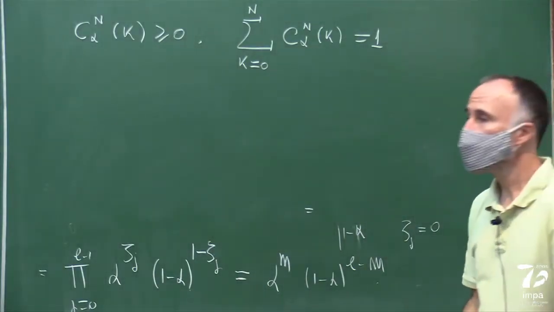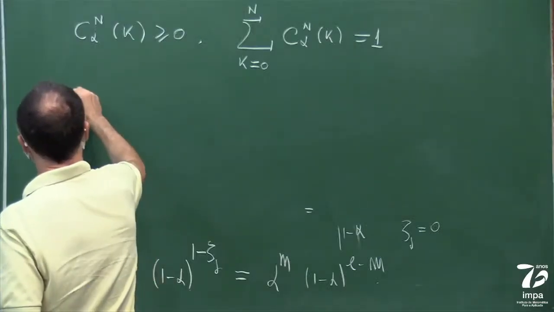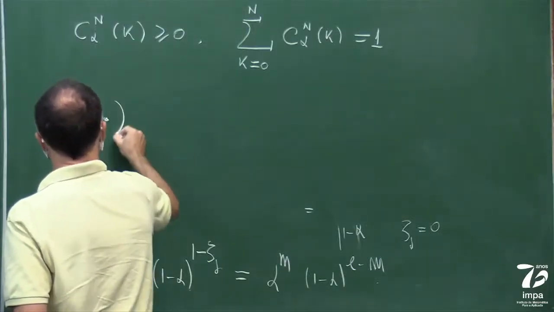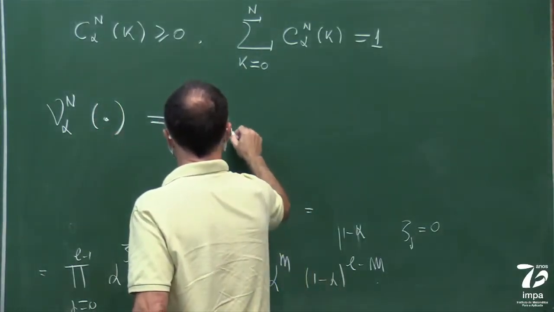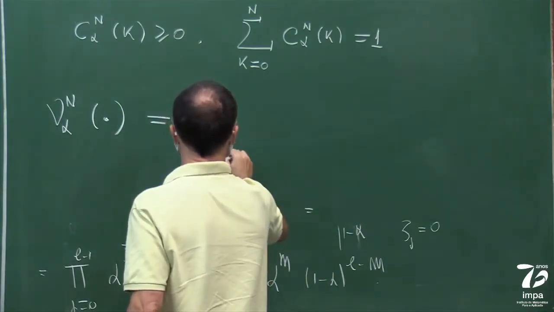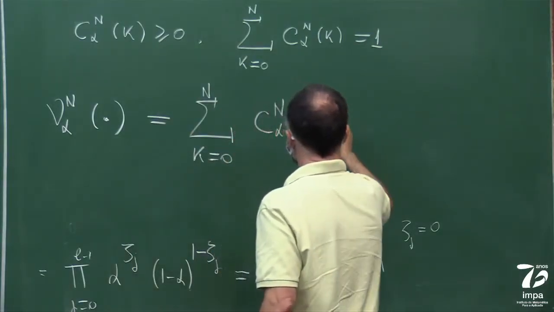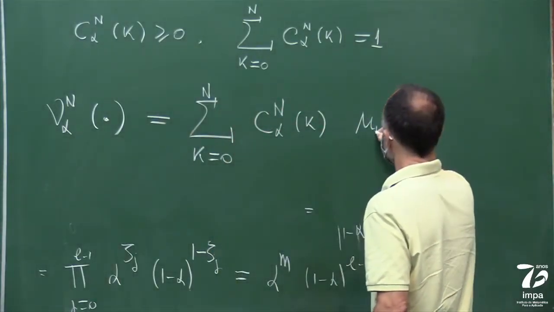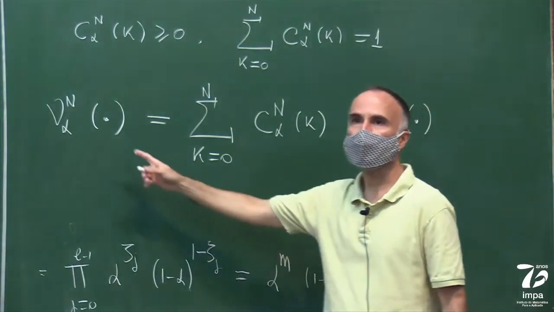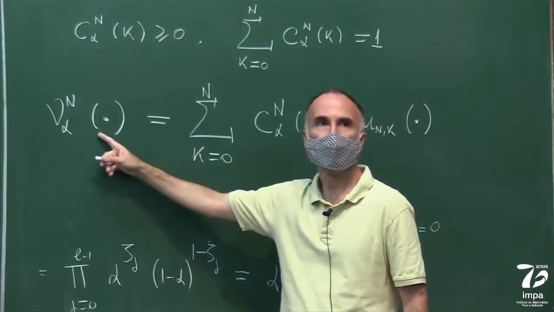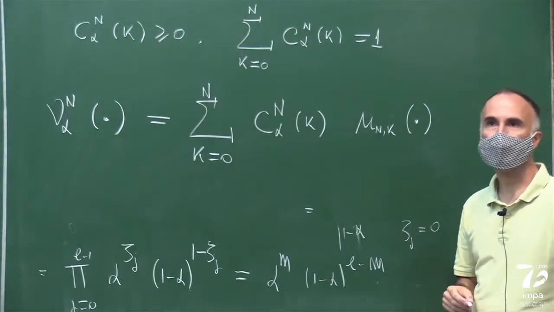Fine. So if I replace this by that, what I get is that nu n alpha, let me replace psi by a dot, is equal to the sum from k equals 0 up to n of C n alpha k times mu n k. So this is telling me that these Bernoulli measures are convex combinations of these invariant measures.